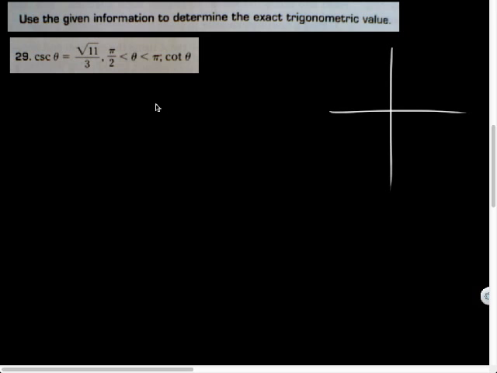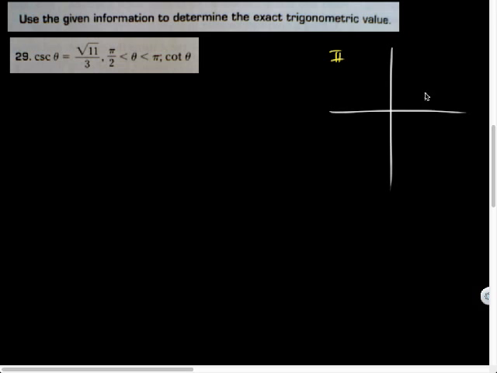So if I'm between the values of pi over 2 and pi, what quadrant am I talking about? Well, here's from 0 to pi over 2, here's from pi over 2 to pi, here's from pi to 3 pi over 2, and then 3 pi over 2 to 2 pi. So I'm talking about quadrant 2. So that might affect the sign that I'm working with.